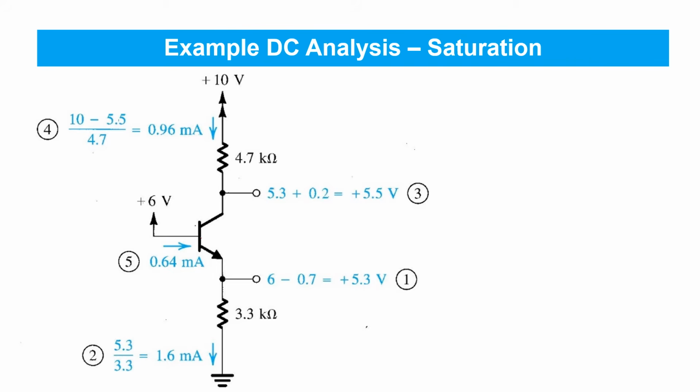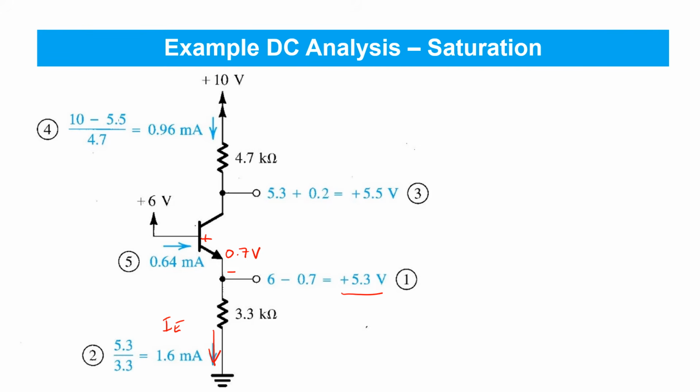In saturation, we've still got a 0.7 volt drop between base and emitter, and that still results in the same 5.3 volts at the emitter, the same 1.6 milliamp emitter current.